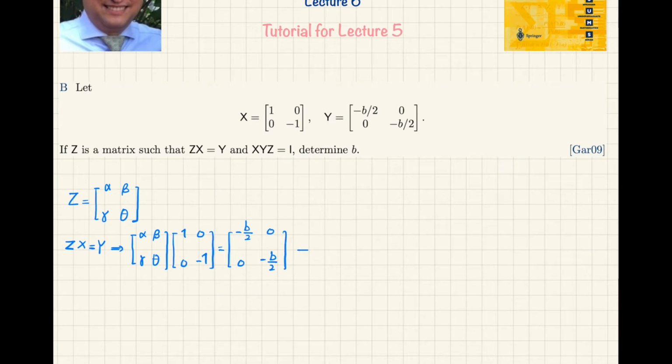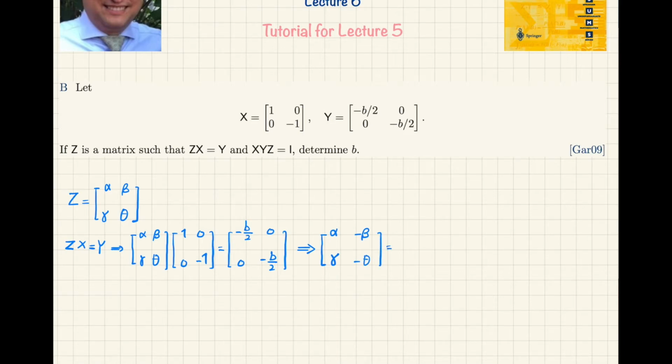Then I start multiplying the left-hand side. These are 2 by 2 matrices, and the product is very simple by now. The first entry is alpha, the next one is minus beta, gamma, and finally minus theta.